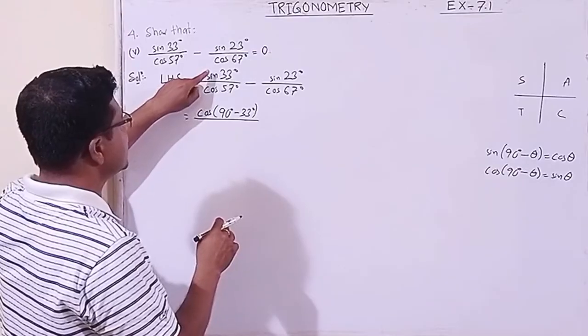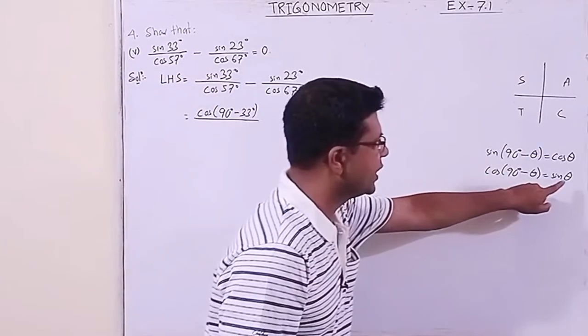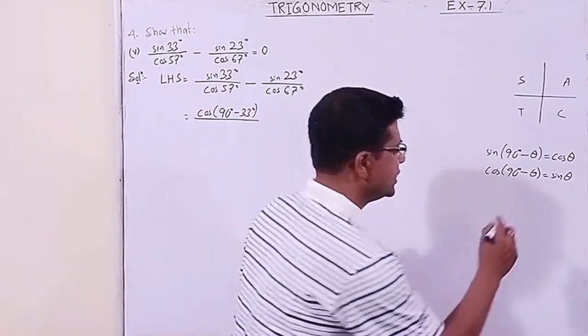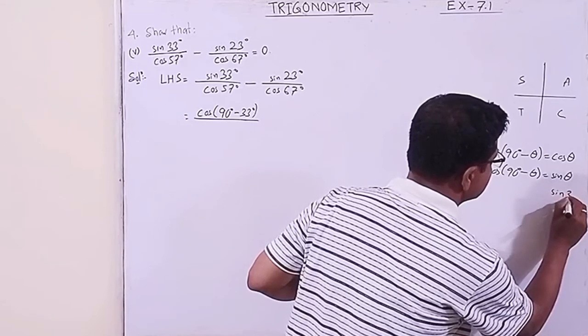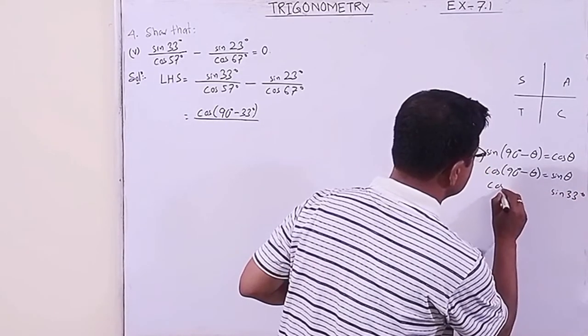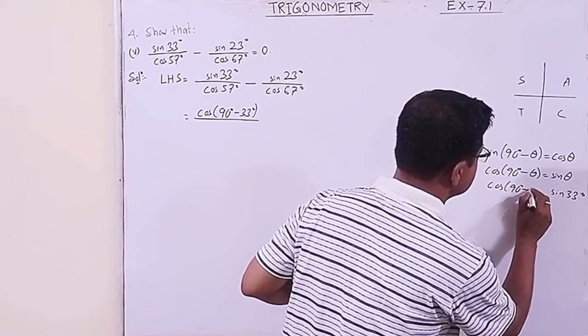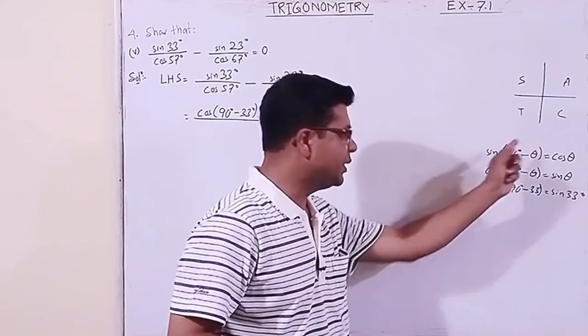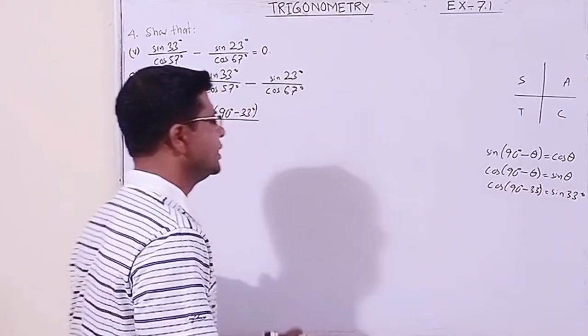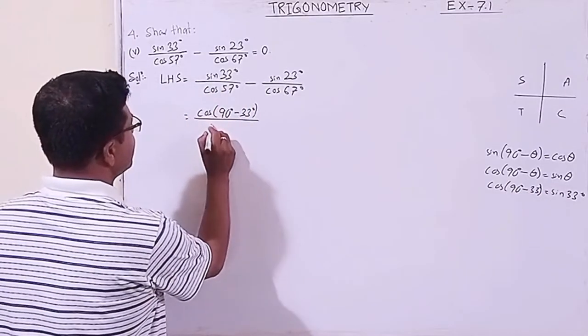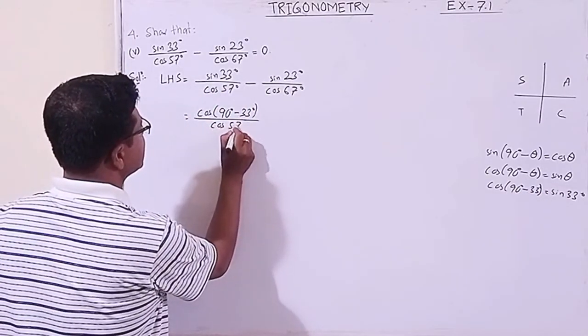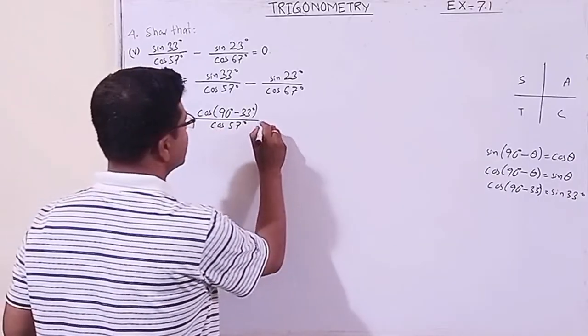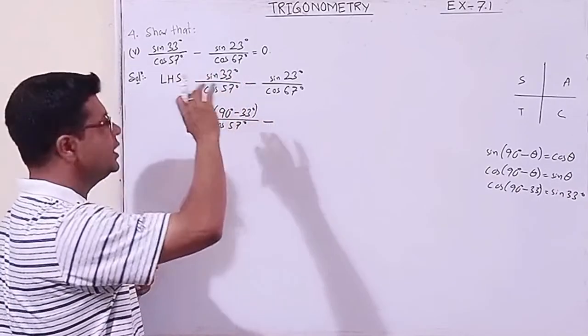Sine of 33 degrees can be written as, see, theta is 33, cos of 90 minus 33, isn't it? So sine 33 can be written as cos of 90 minus 33. So here let us write cos 57 degrees minus.